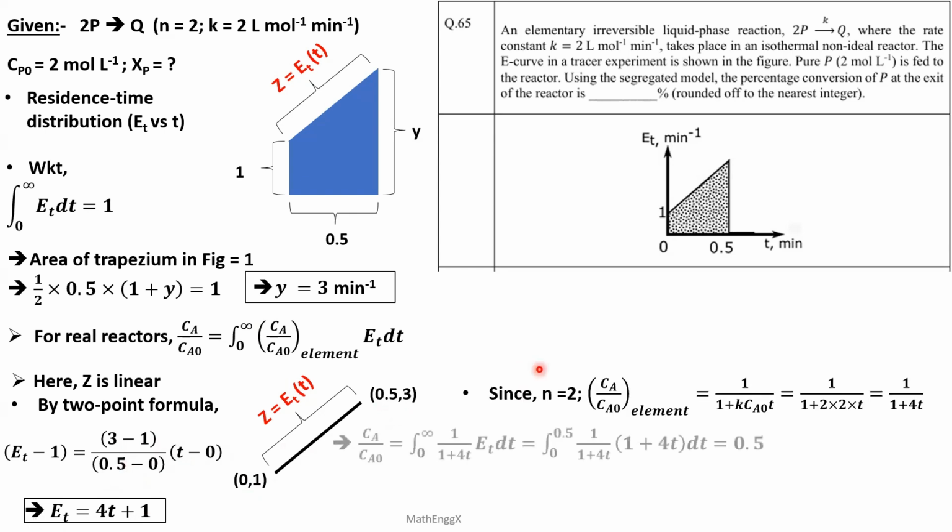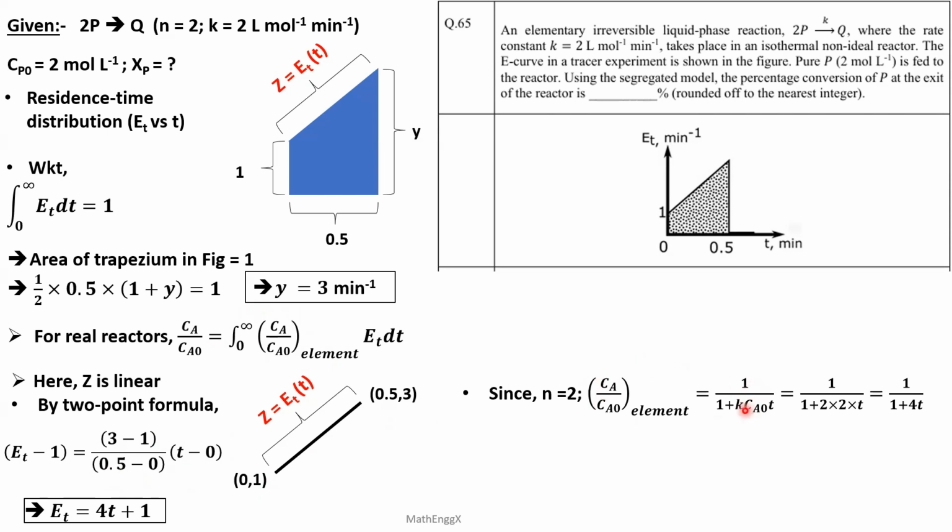So now we will have to use this functional form of t in the CA by CA0 expression. Further, since the reaction is a second order reaction, the (CA by CA0)element for this particular reaction will be 1 by (1 plus K CA0 into t). This is a well-known result.